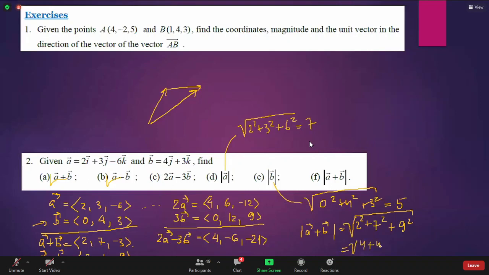So it will be 4, 49, 81. 49 and 81 is 130, and 4, so square root of 134. So this is the magnitude of the vector A plus B, which is not 12, it's less than 12, because 12 is the square root of 144.